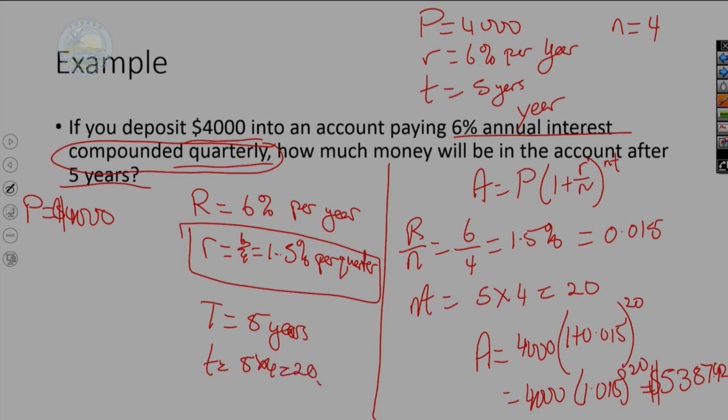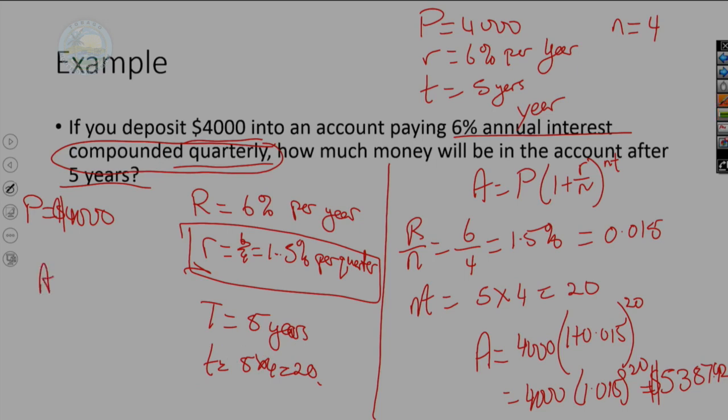Now, what are you seeing? Are you seeing that the rate here is the same rate we formed there using the formula? Are you seeing that the time here is the same time we formed using the formula? What is our regular formula for compound interest?